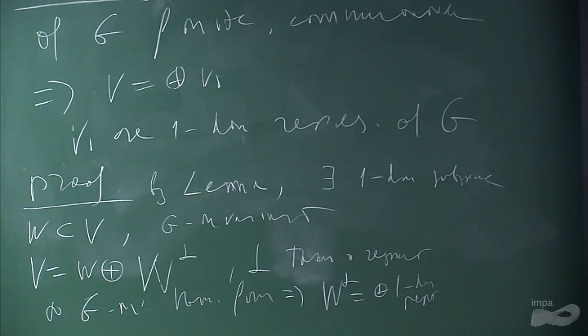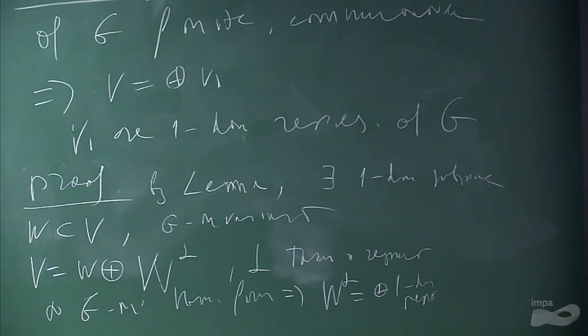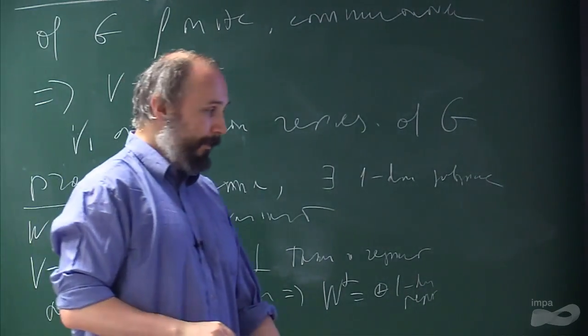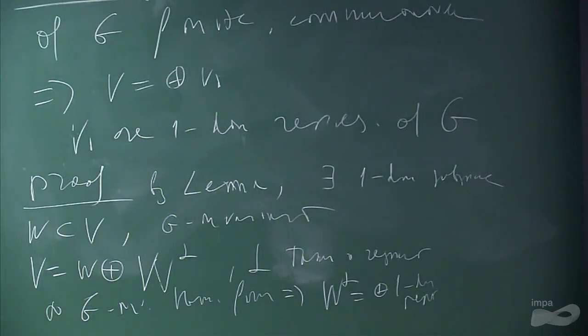So I'm going to prove the same result for C star. Not quite the same, because if you consider C star as an abstract group, it is a product of roots of unity and free abelian groups, and we don't like these free abelian groups because they don't have this property.